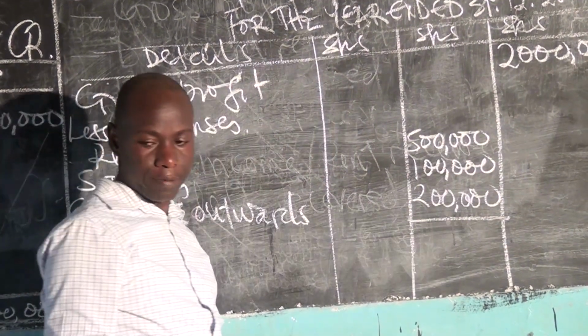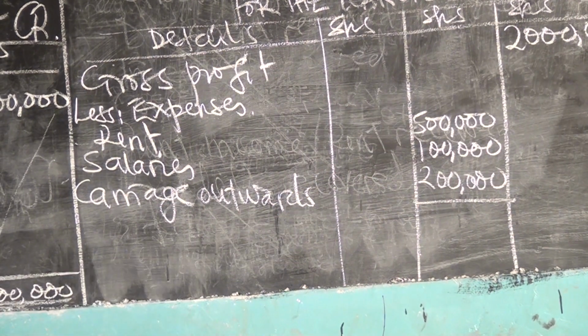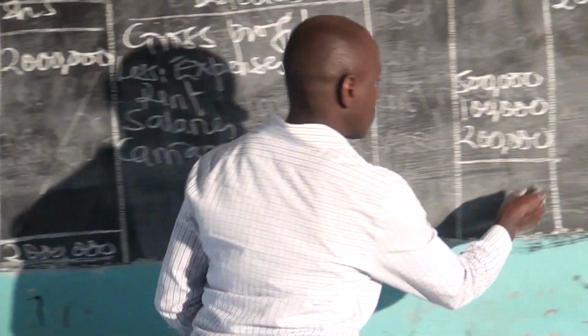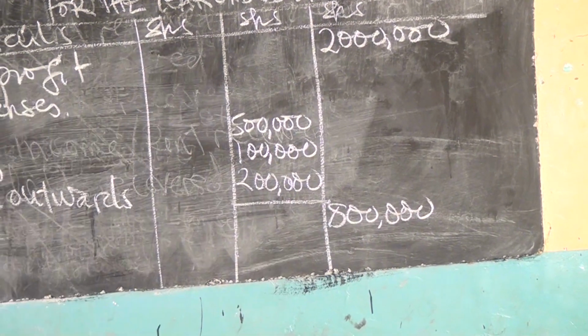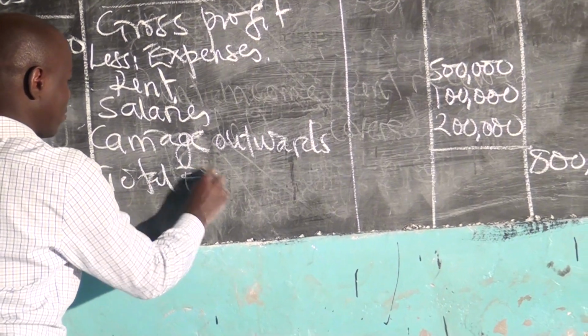You add these expenses. When you add these expenses, you get 800,000. And remember, the 800,000 is the total expenses.